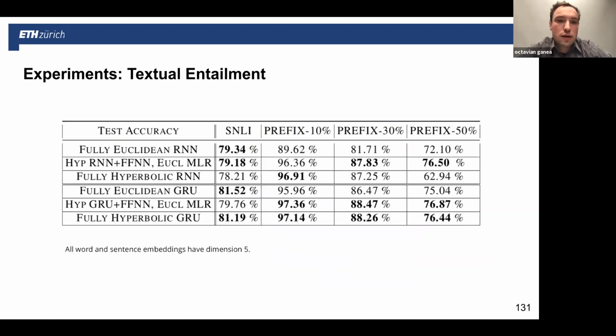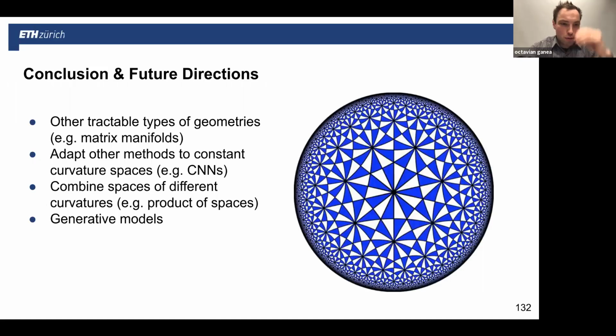So we also did experiments on textual entailment, like the SNLI dataset and some synthetic dataset. I'm not sure I have enough time to talk about them, but you can read them in our paper. So I just want to conclude, I hope you enjoyed this talk.